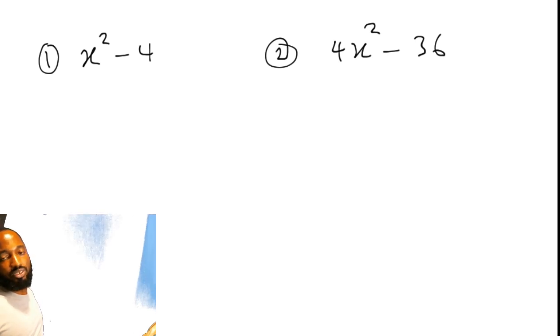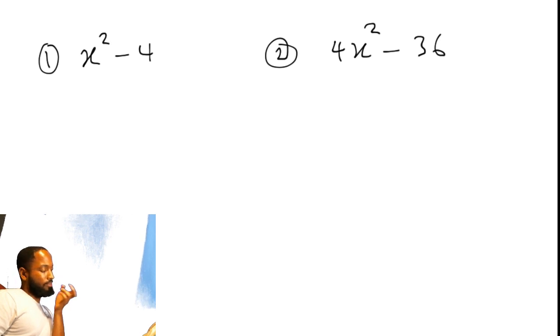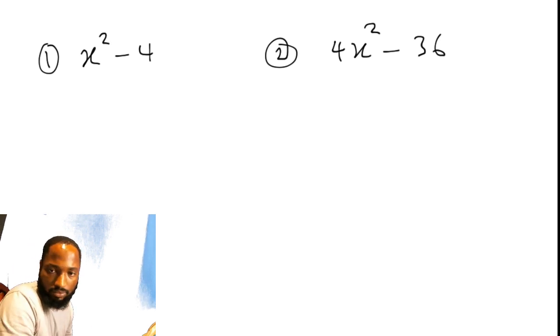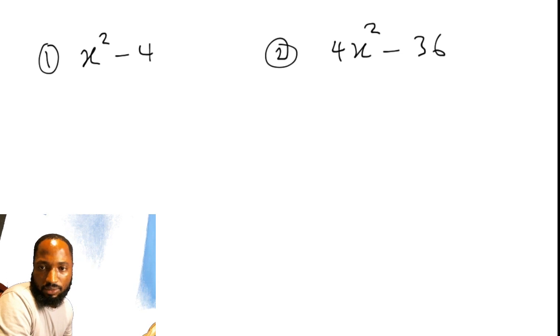Factorize these expressions using the difference of two squares method. Number 1, x plus 2 and x minus 2, correct.